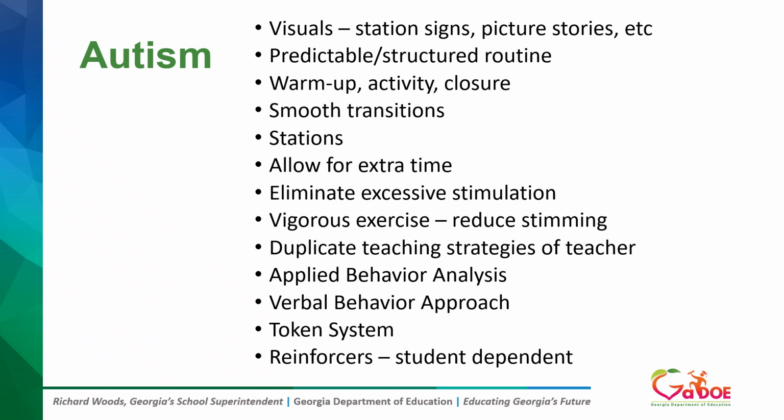Vigorous exercise helps reduce stimming for some students. Duplicate teaching strategies of the teacher. Applied behavior analysis, verbal behavior approach, token system, and reinforcers that are student dependent. Not all reinforcers work for all students.